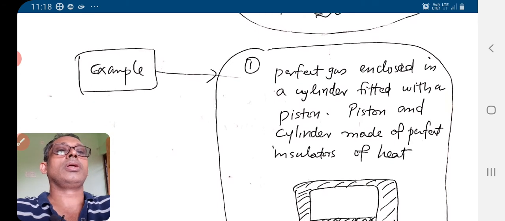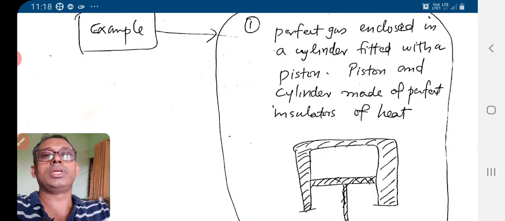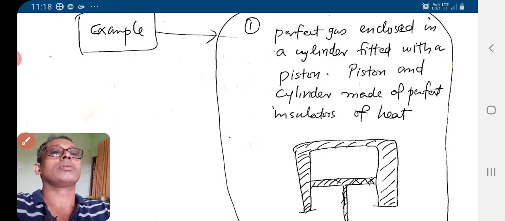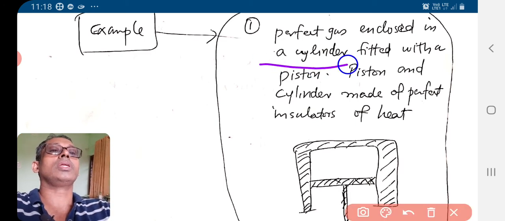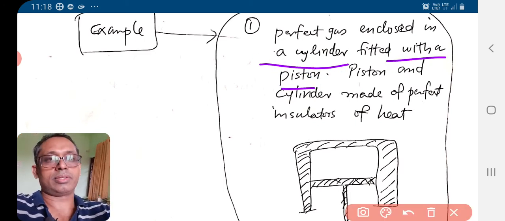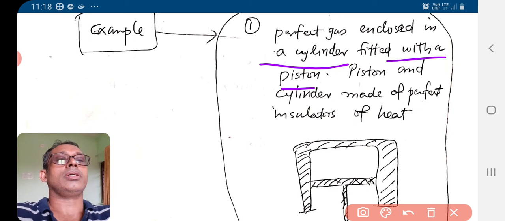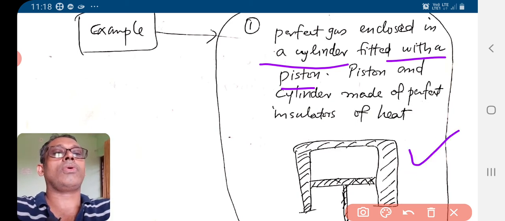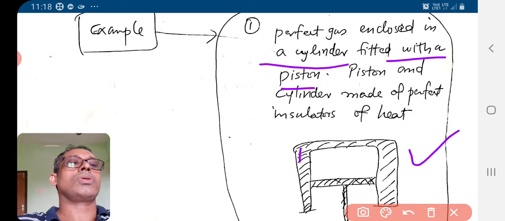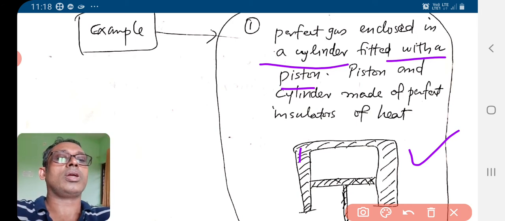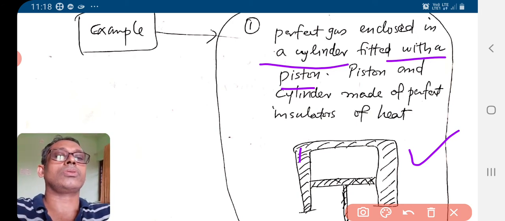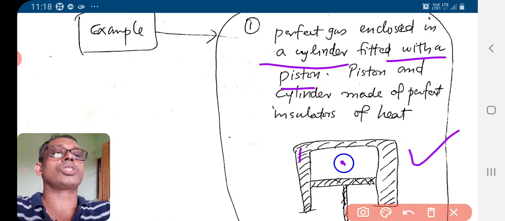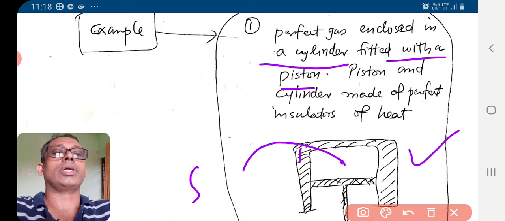For example, a perfect gas enclosed in a cylinder fitted with a piston. You see, we have an insulating wall, a perfect insulator, so there is no exchange of heat between the system and the surroundings.